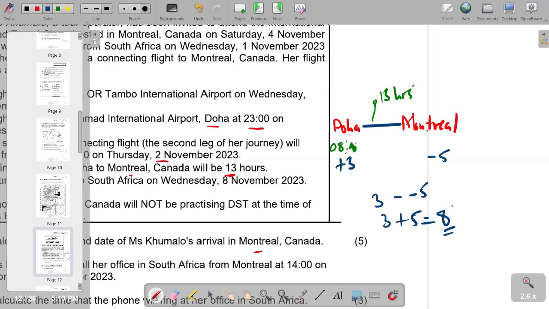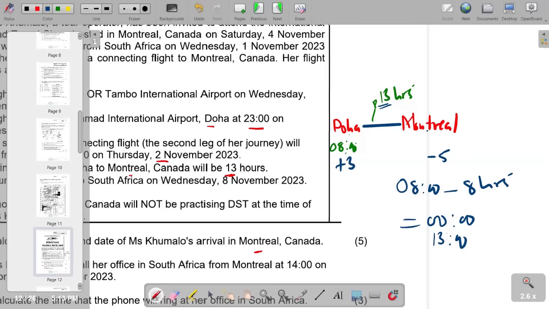So in that case, we take our 0800, and then we subtract 8 hours, the difference, and then we get 0000, which is 12 a.m. in the morning. Then when we have found the equivalence, we now add 13 hours.